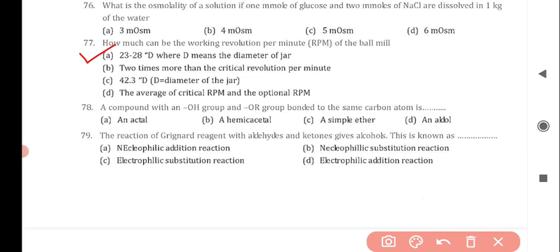Next question is: a compound with an OH group and OR group bonded to the same carbon atom is, and the correct answer is option B, a hemiacetal. Next question is: the reaction of Grignard reagent with aldehydes and ketones gives alcohols, and this is known as, and the correct answer is option A, nucleophilic addition reaction.